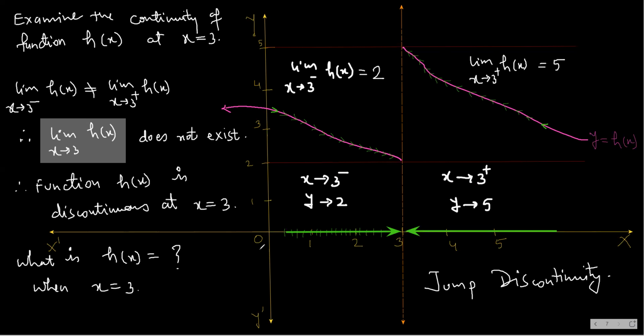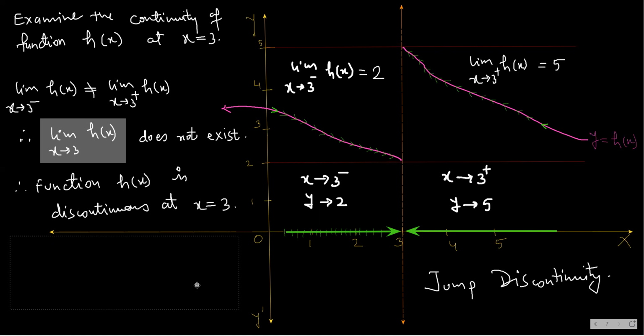No matter what value you write for h of x when x is equal to 3, the function would always remain discontinuous. But still, there are a few cases which I would complete in order to have a clear concept.